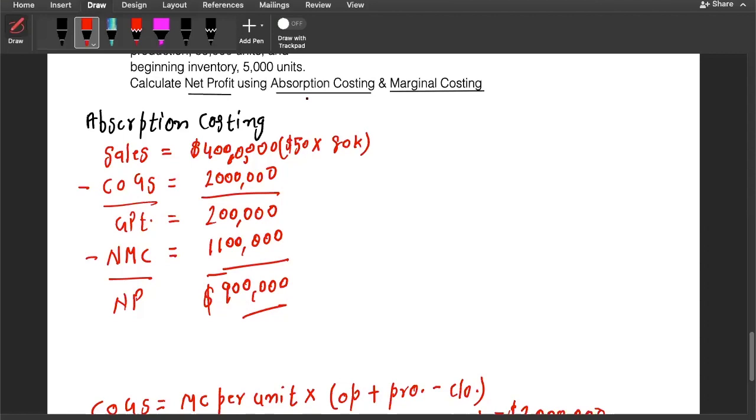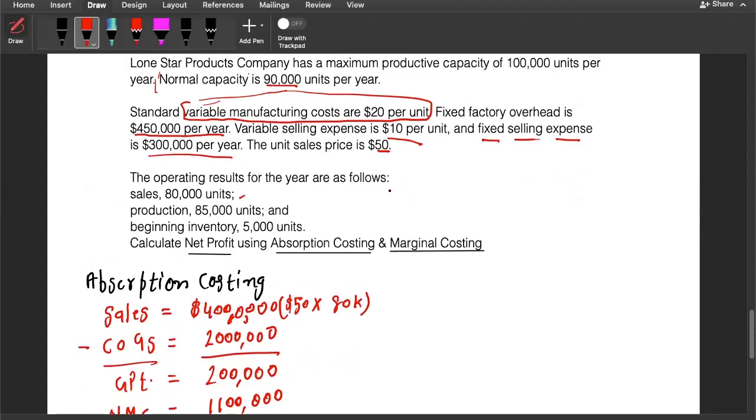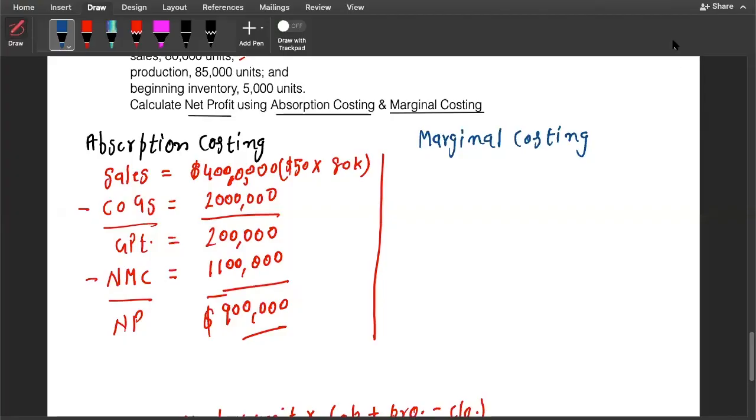Okay, if yes, then move on to marginal costing. Using this information, calculate marginal costing, all right? So do it now. So now start with the sales.